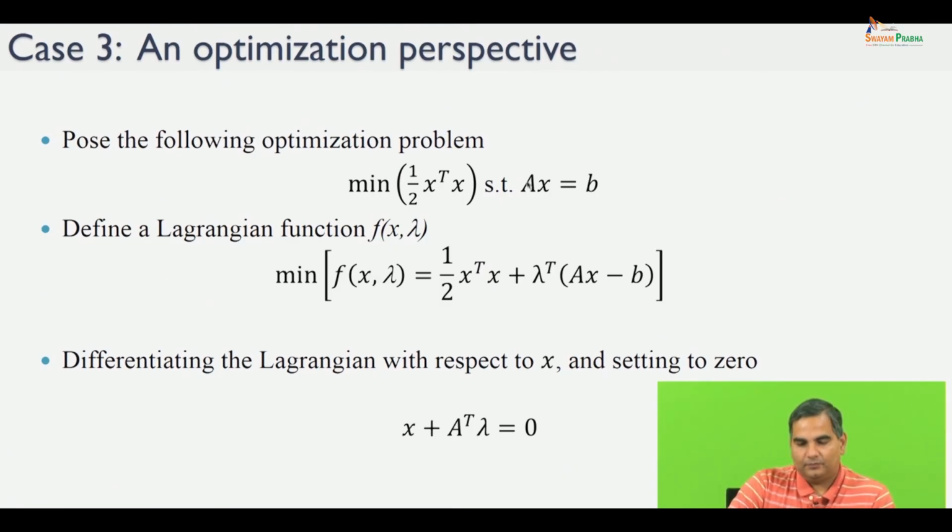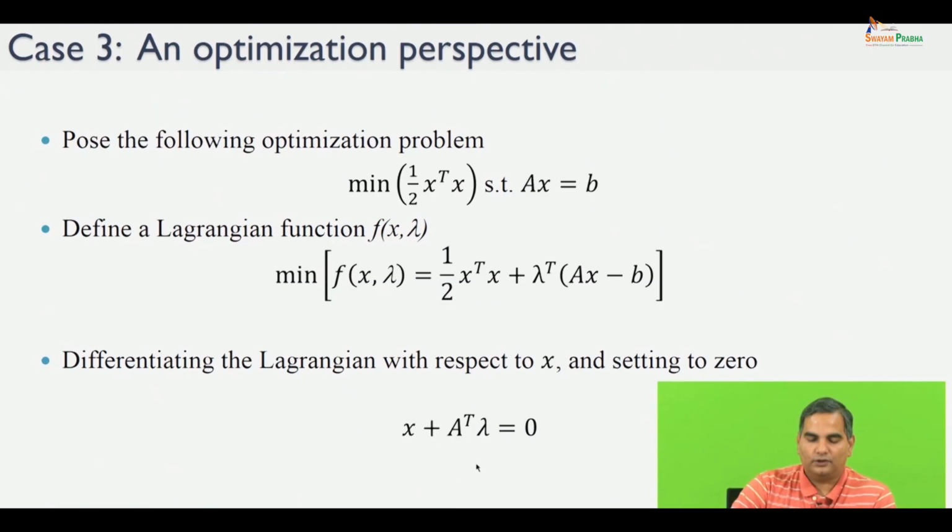In any case, to solve optimization problems of this form, we can define what is called a Lagrangian function, f of x comma lambda. Lambda are extra parameters that we introduce into this optimization formulation, and what you do is you minimize this Lagrangian with respect to x to get a set of equations, and you also minimize this with respect to lambda, which will back out the constraint.